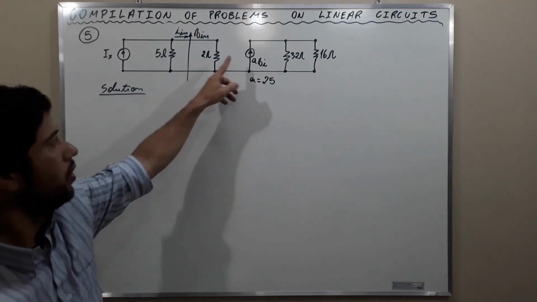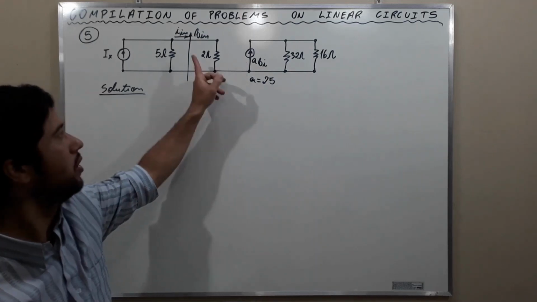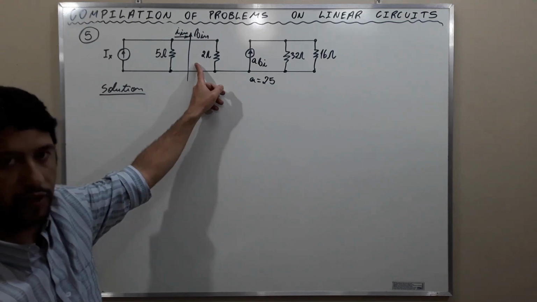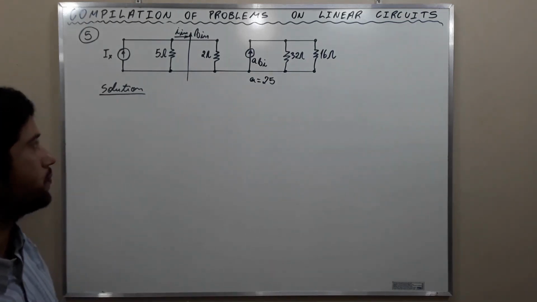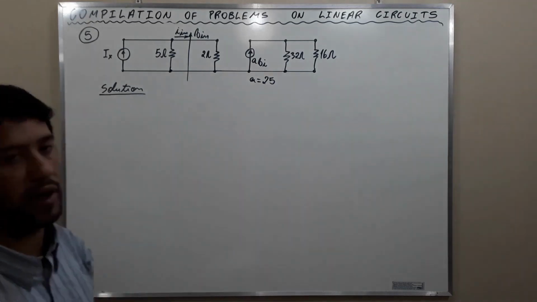When the current source is a function of a voltage, we understand this as a voltage controlled current source. That is a current source that is controlled by a voltage.